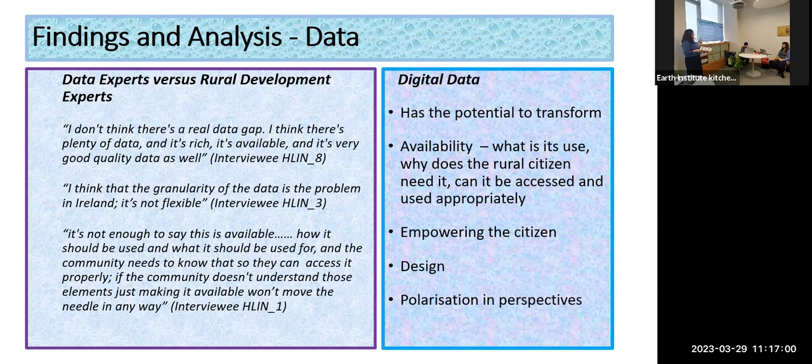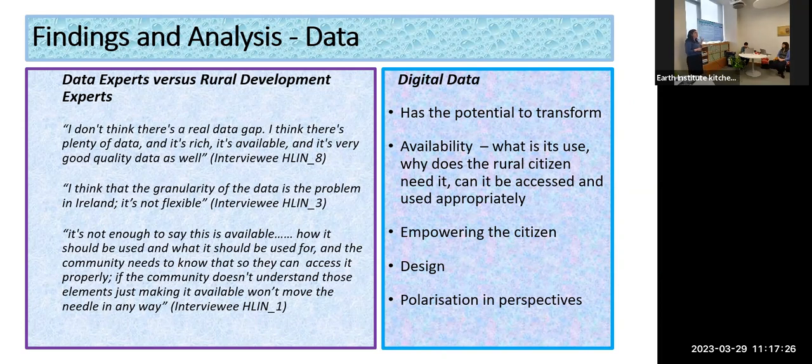But then, as one of our other interviewees said, it's not enough to say it's available. How should it be used and what should it be used for? And the community needs to know that so they can access it properly. If the community doesn't understand those elements, just making it available won't move the needle in any way. And in ways, that's the kind of stuff we want to hear because that's what the project's about, but at least it's good to get it verified.